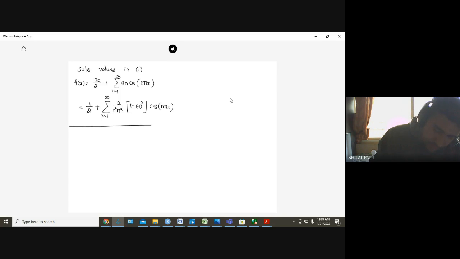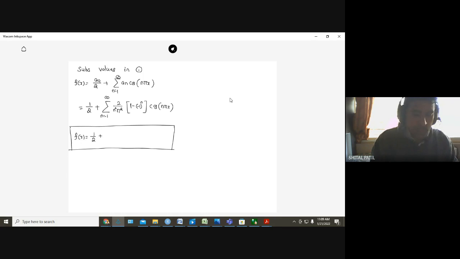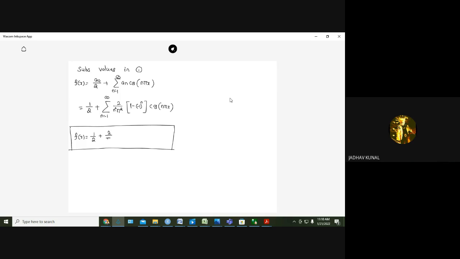Final answer: Fourier series expansion is like this. From this summation, n is the variable, n equal to 1 to infinity is written. So the remaining things are constant.